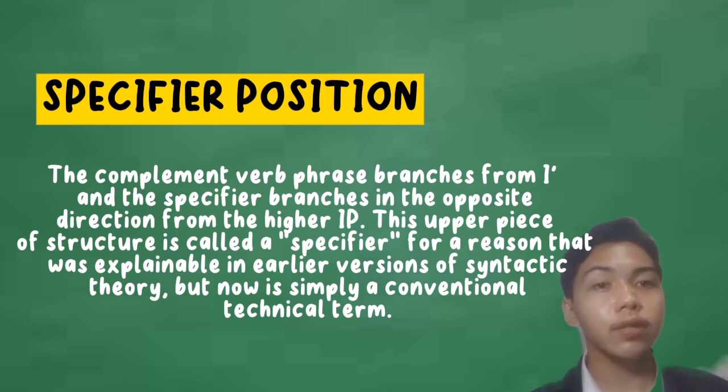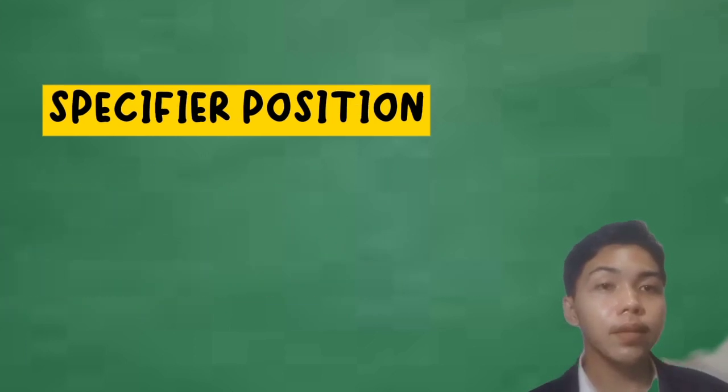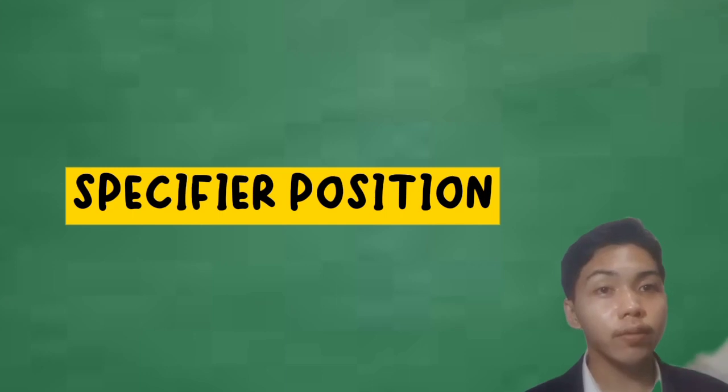This upper piece of structure is called a specifier, for a reason that was explainable in earlier versions of syntactic theory, but now is simply a conventional technical term. The specifier of an inflection phrase is the subject of the sentence. Here, a determiner phrase. Inflection phrases typically have determiner phrases as their specifiers, although other phrases are possible.